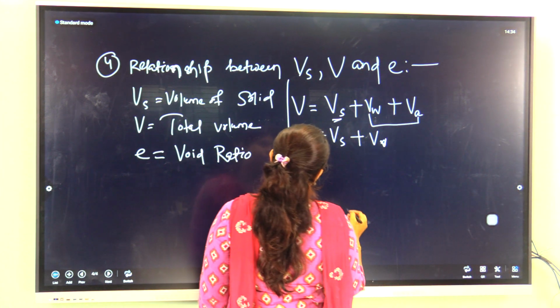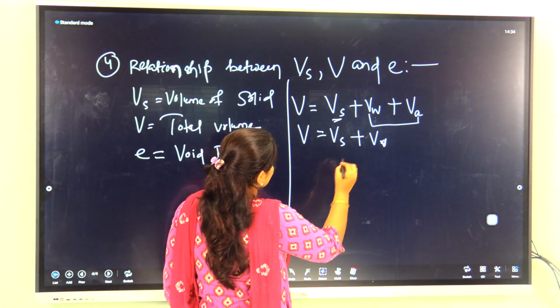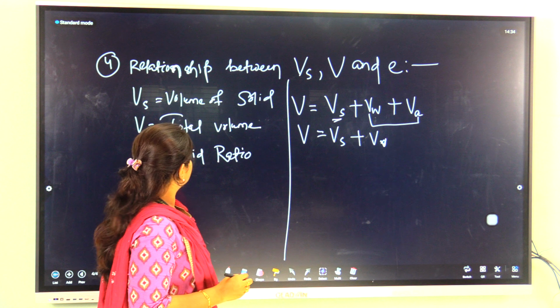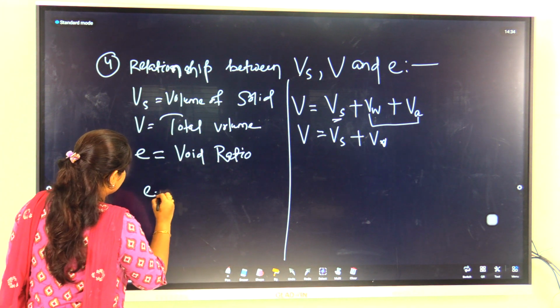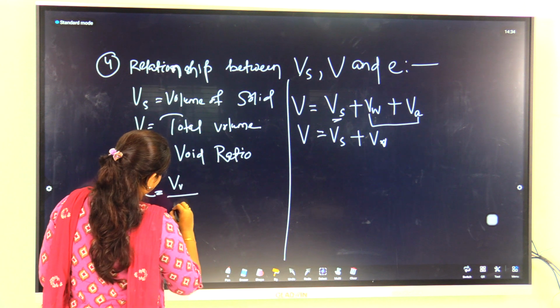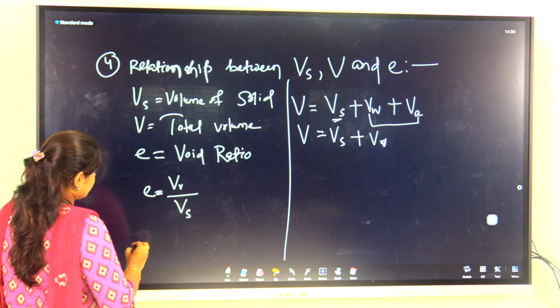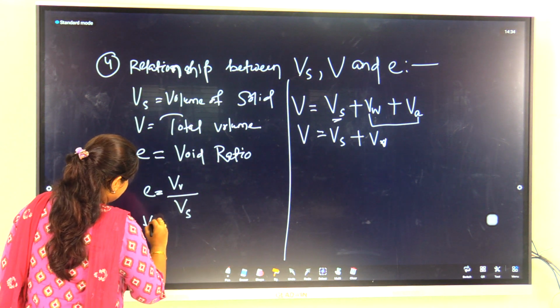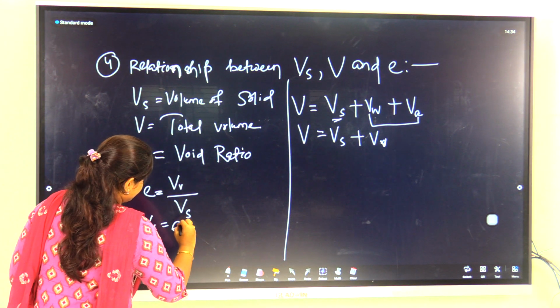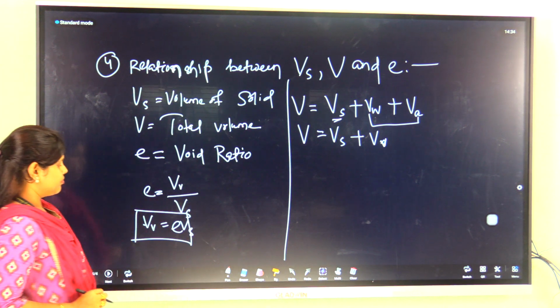Now, also we know what? E equals volume of void divided by volume of solid. Also we can write Vv equals E into Vs. Okay.